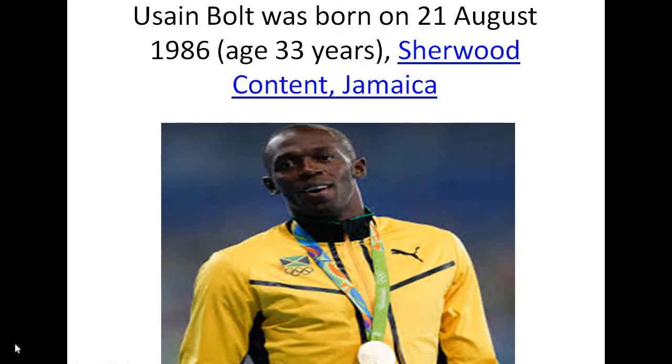He went on to claim 3 gold medals in these events at the 2012 London Olympics, as well as at the 2016 Rio Games. His name is Usain Bolt. He was born on 21st August 1986 and he's almost 33 years old now.